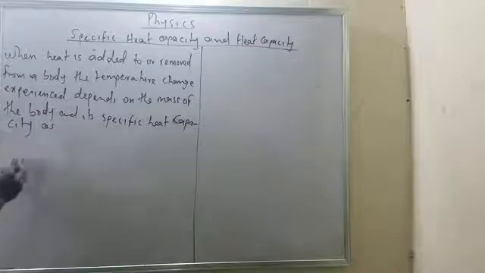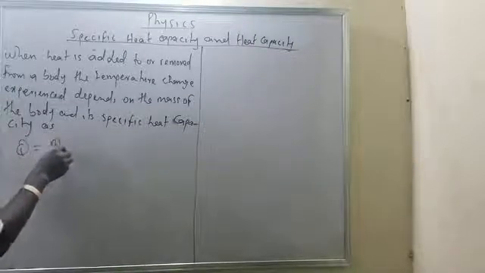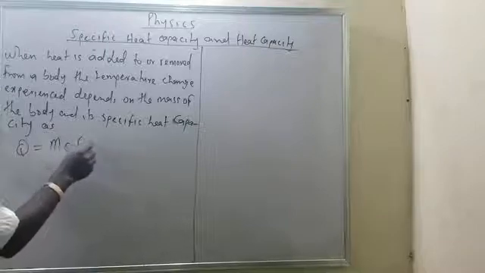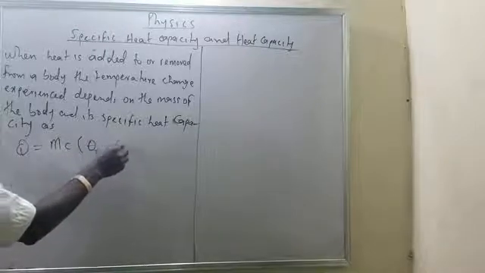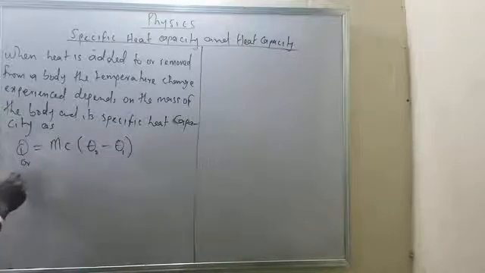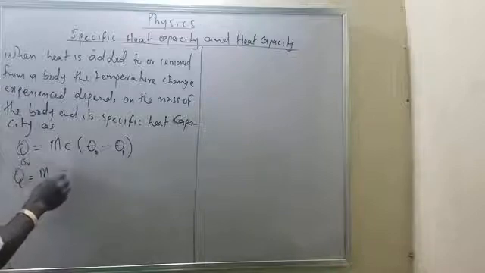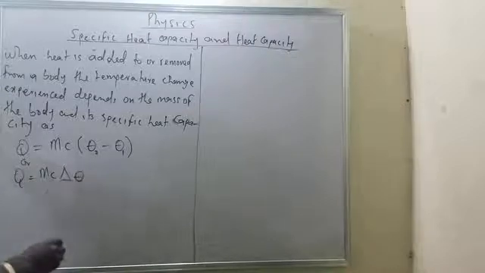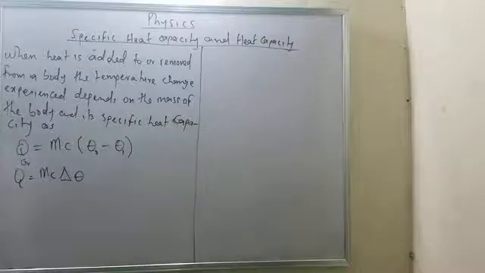As equals to MC bracket of Q1 minus Q2, or Q equals to MC of this. Now, those are the things that we will be talking about.